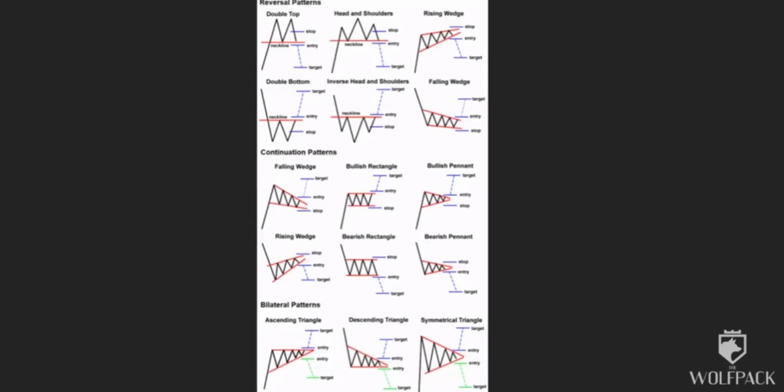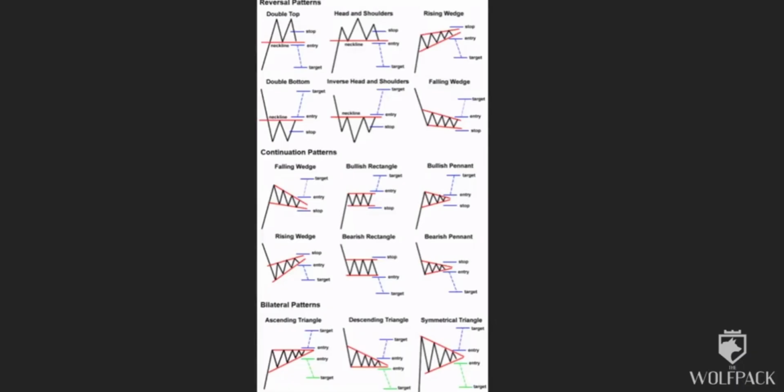Anyways, this is an example of all the different patterns. I'm basically just following this sheet. There are more patterns, but since this is the basics, I'll just be covering this one. In the future, I will go over the more advanced patterns, such as the cup and handle and the diamond bottom and things like that.